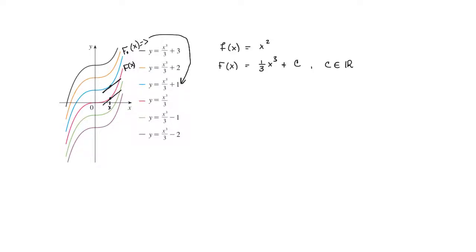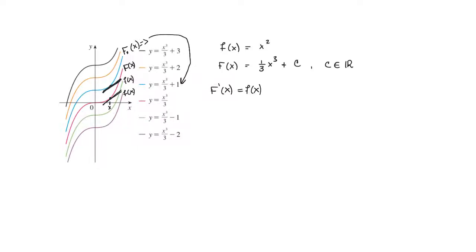So what happens is that when I take the derivative of big F of x, if you remember, the derivative F prime of x has to be equal to little f of x. So then the slope of these tangent lines over here is little f of x. But again, the slope doesn't change.